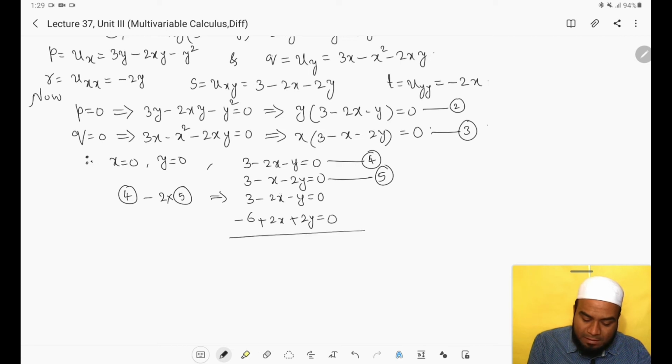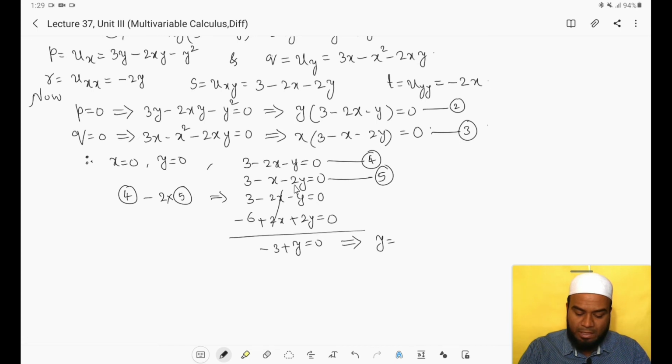So what will happen? This 2x 2y will get cancelled. Here we will get minus 3 plus y equals to 0, which is nothing but y equals to 3. Sorry, I did a small mistake here.